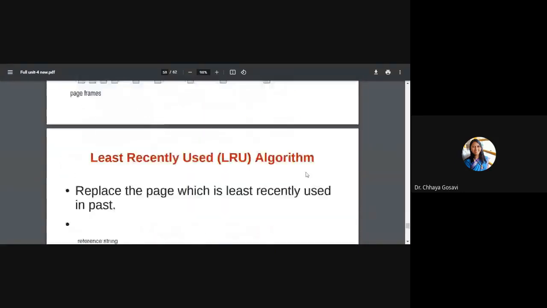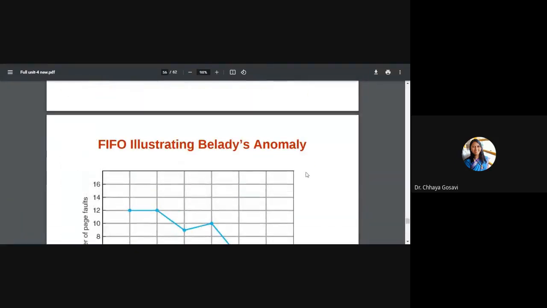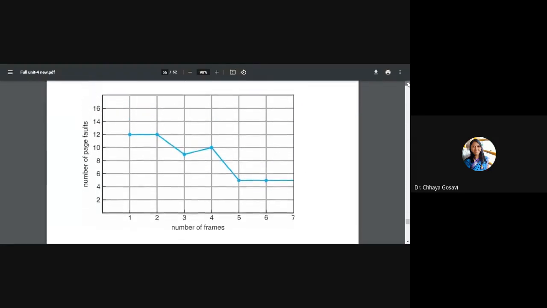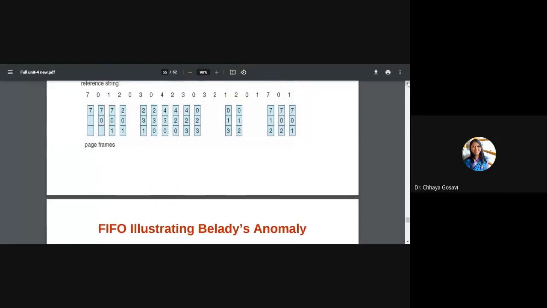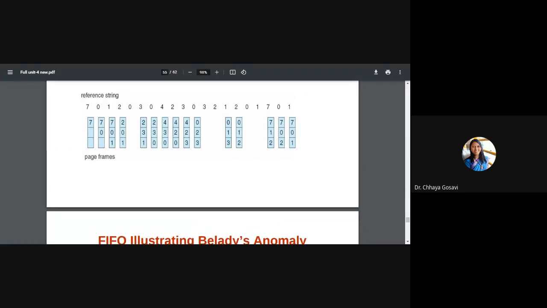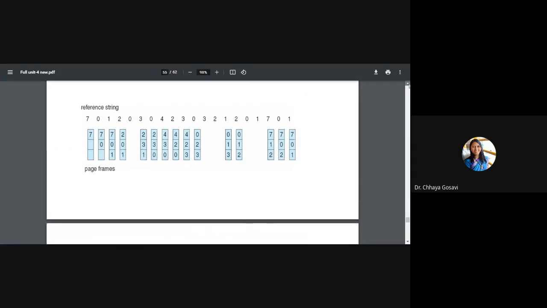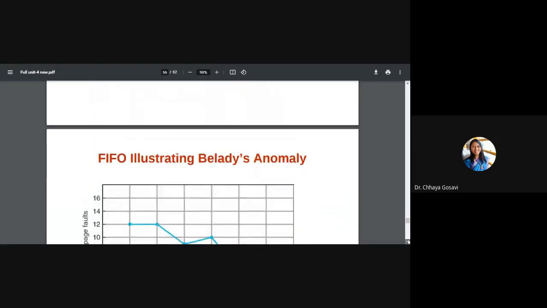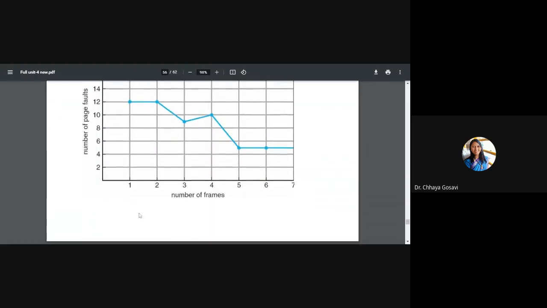We have seen this algorithm. You can check this for the same reference string, 7 0 1 2 0 3, with the FIFO algorithm. These are the number of frames. With only one frame available, you get 12 page faults. With 2 frames, you get 12 page faults.